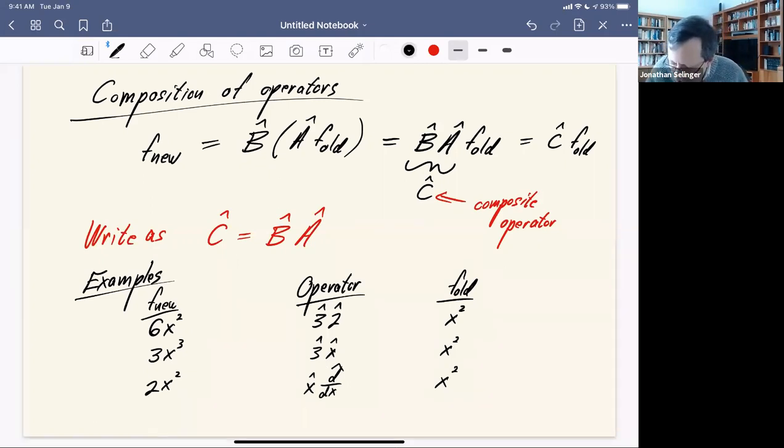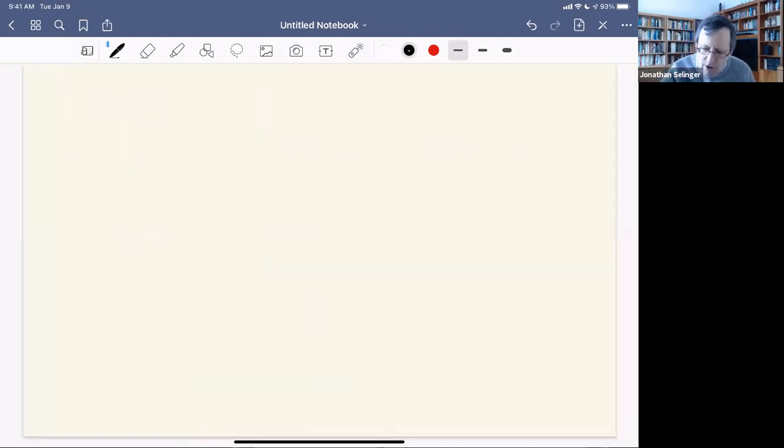Now, this is all using a specific input function of x squared. You might wonder, what would happen if I had a different input function? What if I had x cubed or x to the 4th or sine x or anything else? So in order to figure that out, it's good to use a general input function.